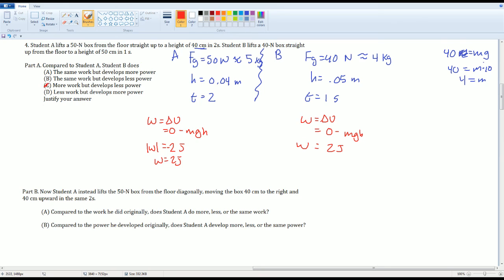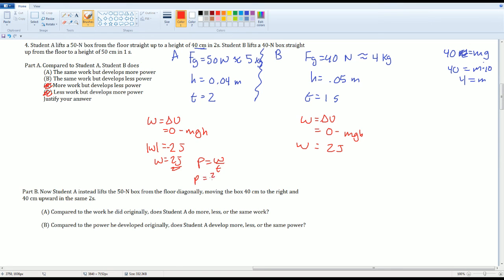More work? Nope. Less work? Nope. The same amount of work. What about power? We know power is defined by work divided by time. So power is equal to work divided by time.